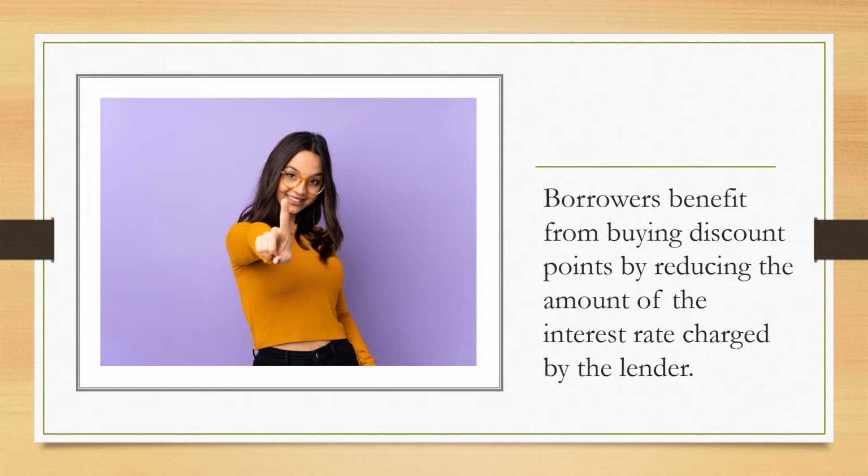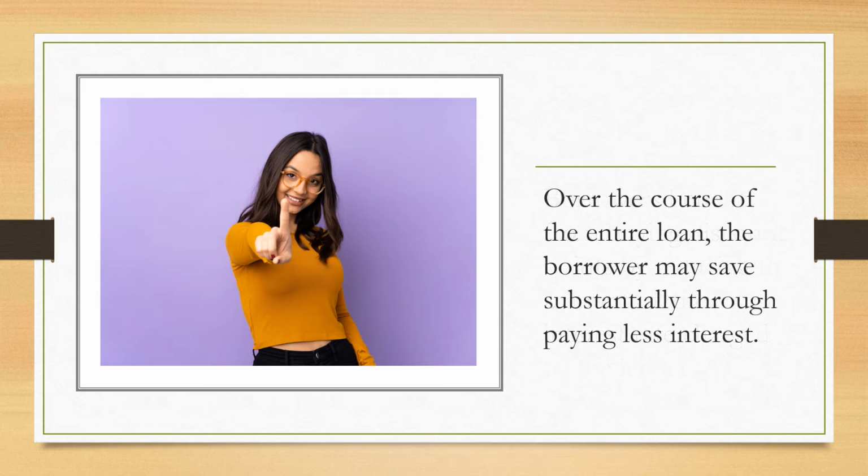Borrowers benefit from buying discount points by reducing the amount of interest rate charged by the lender. Over the course of the entire loan, the borrower may save substantially through paying less interest.